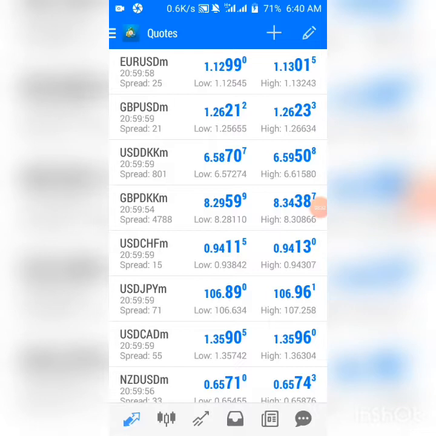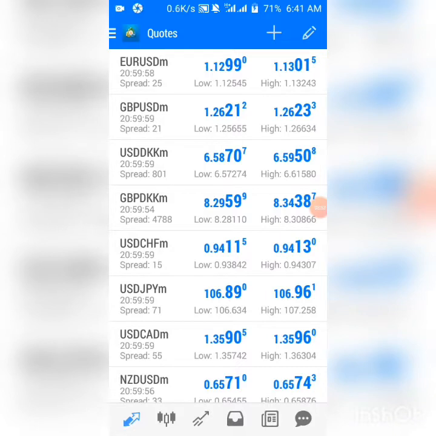Of course, the bid price is 1.12990, while the ask price is 1.13015 for Euro USD.